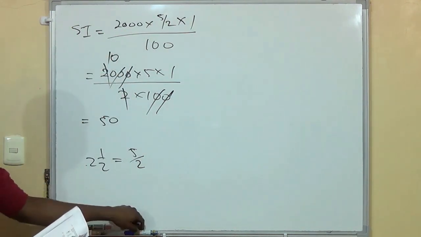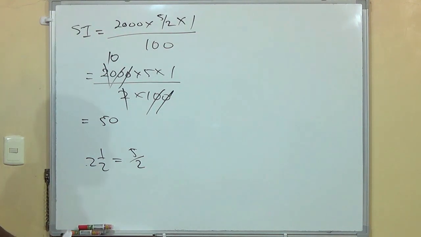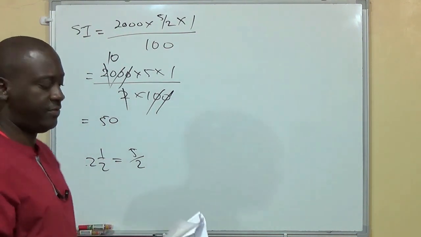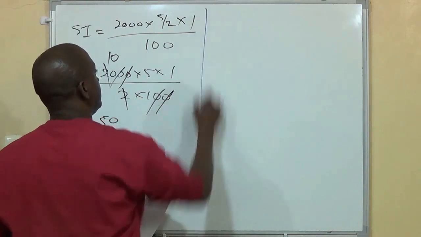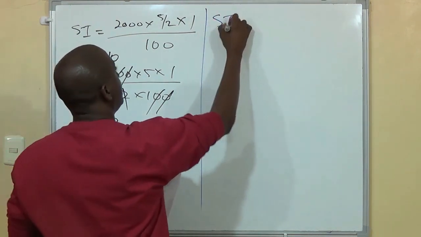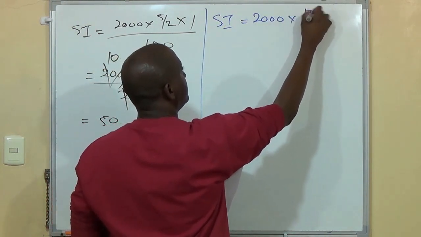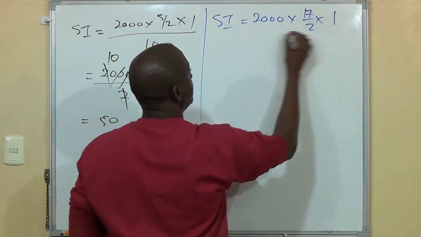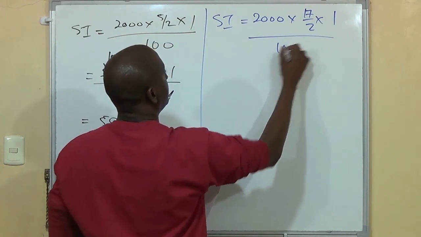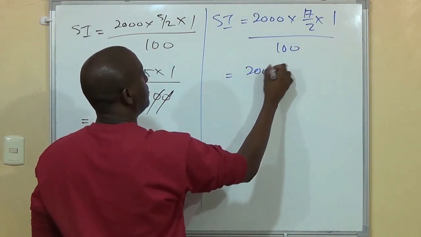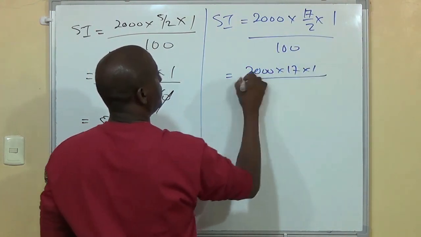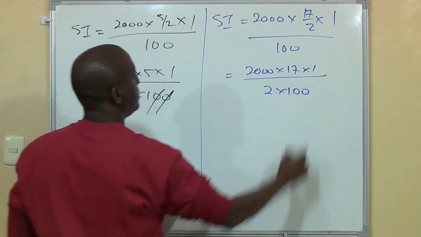Now if I go on this side and work out the respective interest for the 8.5 and the 6. So SI is equal to 2000 by 8.5, which is 17 over 2, by the annual time, which is 1 over 100. That will be 2000 by 17 by 1 over 2 by 100.